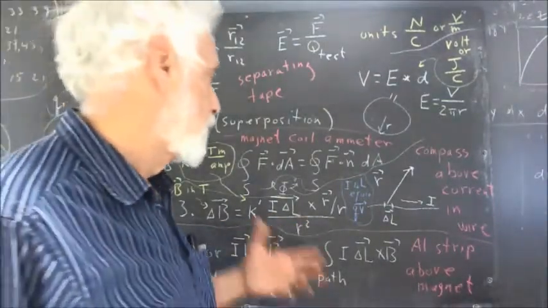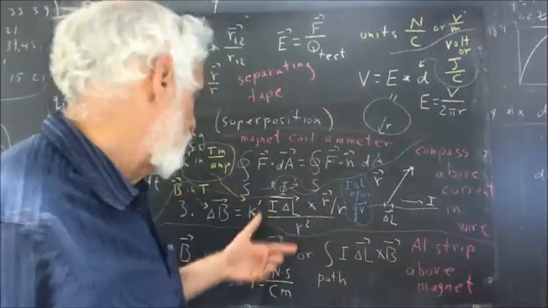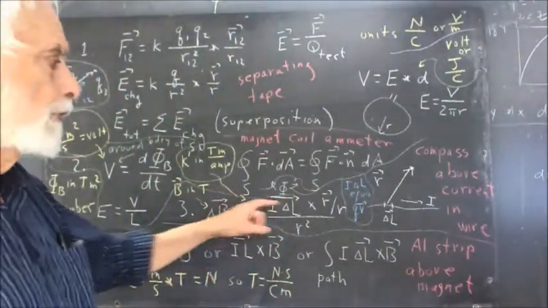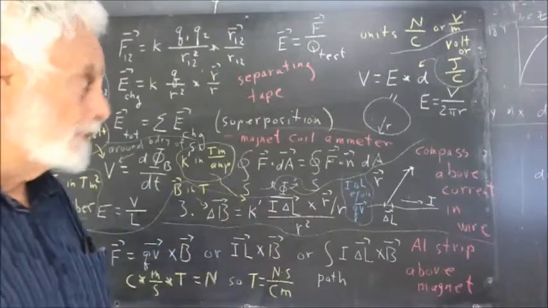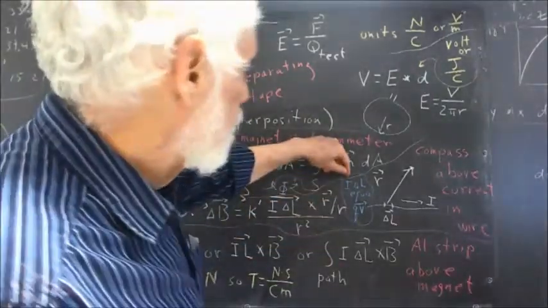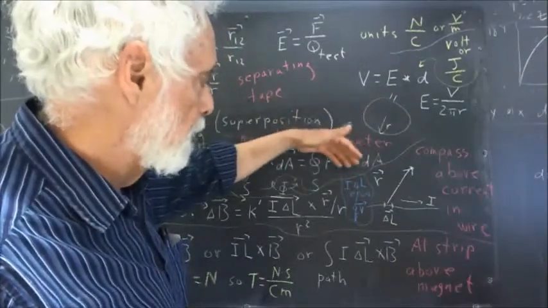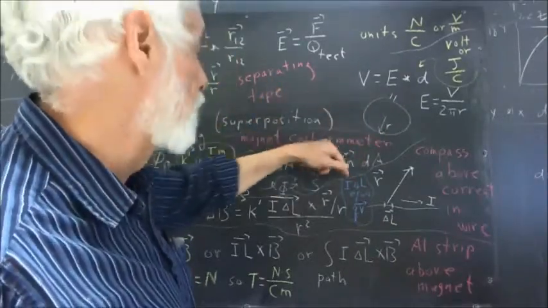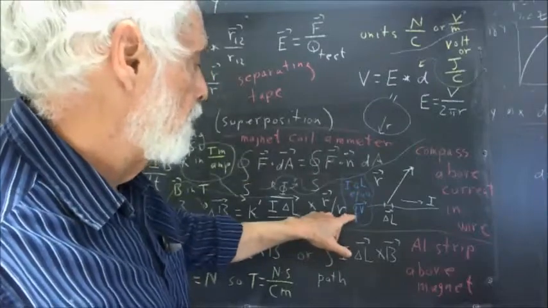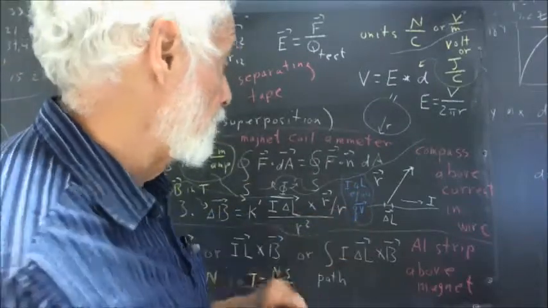The other thing we want to understand is that this is a current, which is a collection of moving charges. An I delta L, where I is a bunch of moving charges, the rate at which charges move actually, is equivalent to a single charge times a velocity.